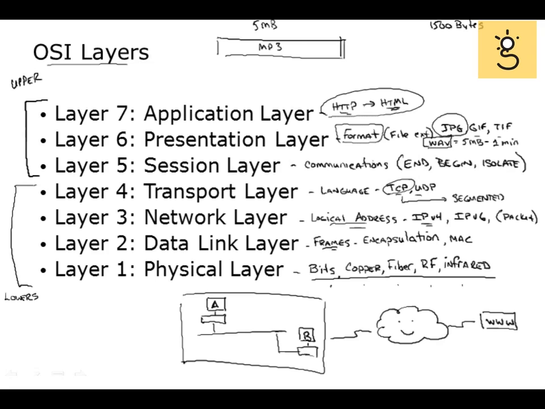So I have to divide this into a lot of little pieces and send it to you one little piece at a time. So we take that little bit of data that I'm going to send you, and remember, the session layer is going to make sure I don't get confused. I know what kind of file I'm sending you, an MP3. The application is sending it.